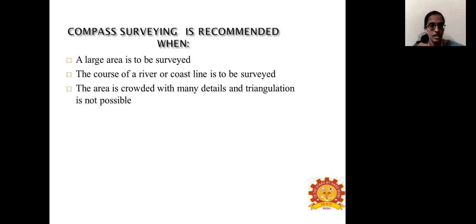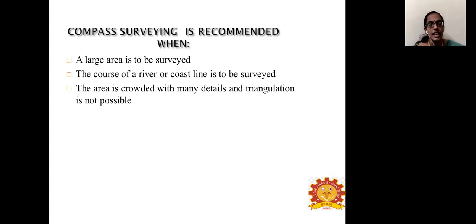And second, where do we use compass surveying? Whenever we are surveying a very large area, you can go for compass surveying. Or if there is any interruption like a river or any coastal lines to be surveyed, you can use this type of survey.